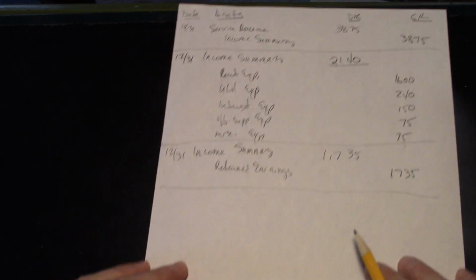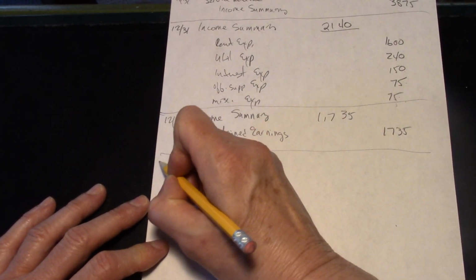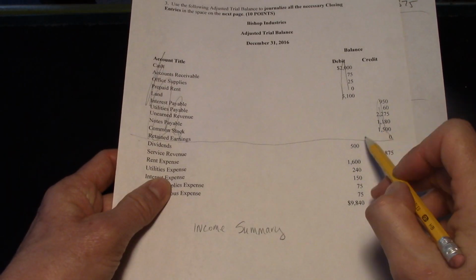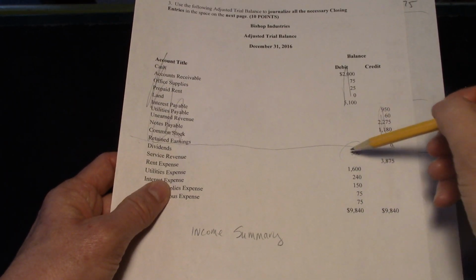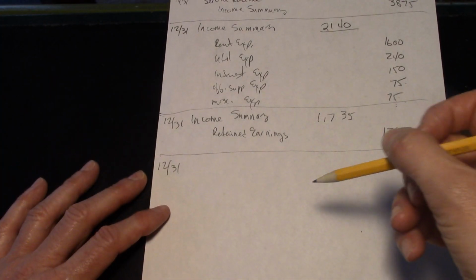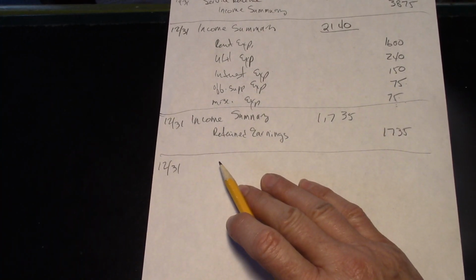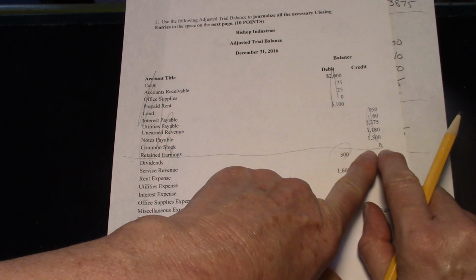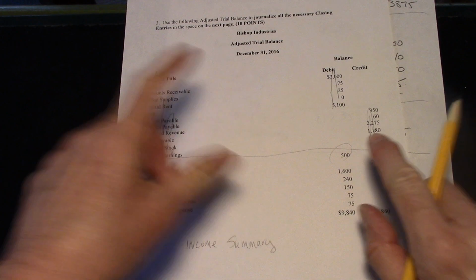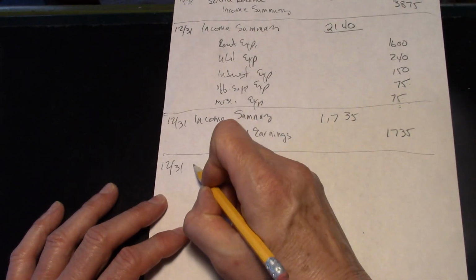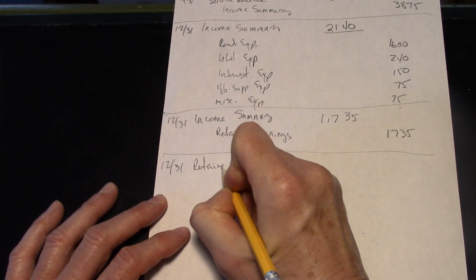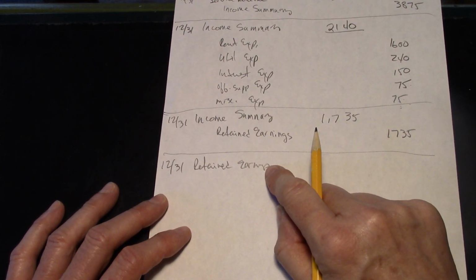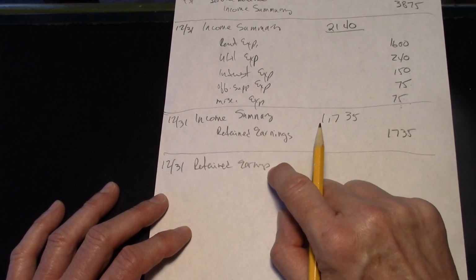The last closing entry is to close the dividends if we have them. I suppose it's possible you wouldn't have any, but in this case we had 500, and you just close them directly to retained earnings. Take note: these are debit balances, so that means you're going to credit dividends and debit retained earnings, because this is an equity account.